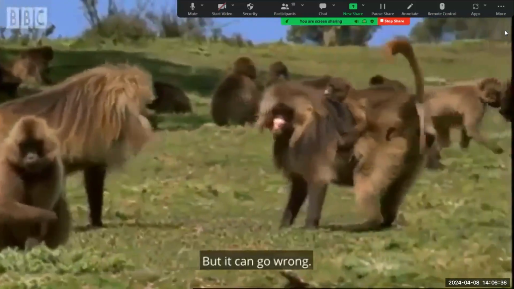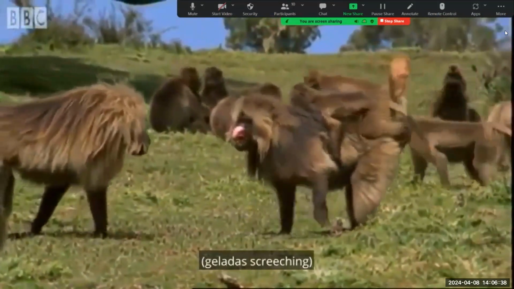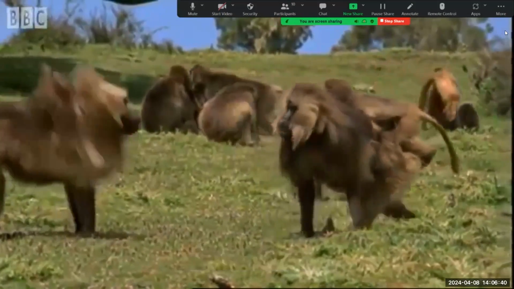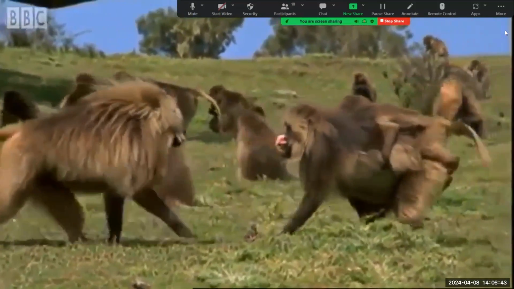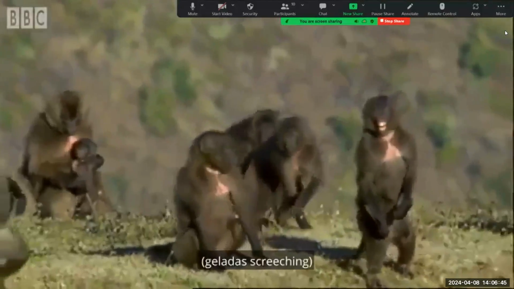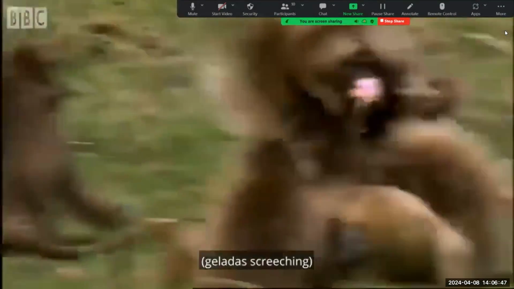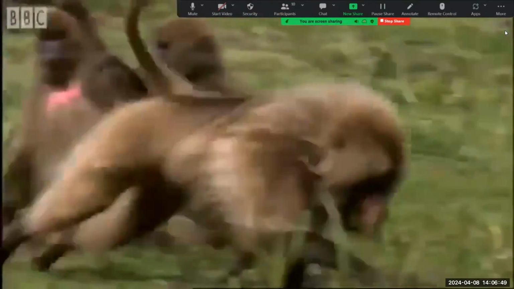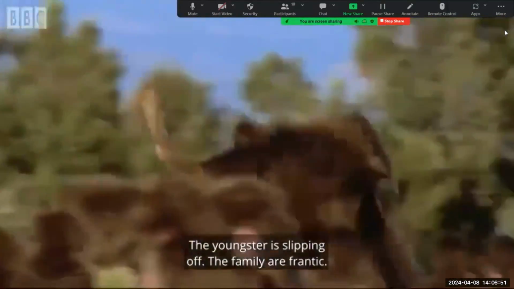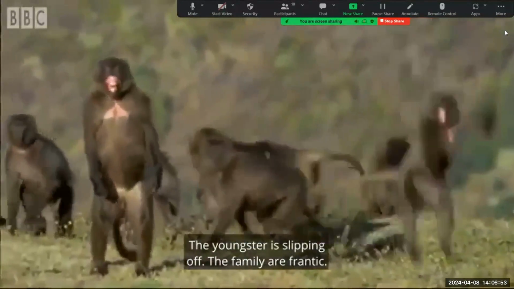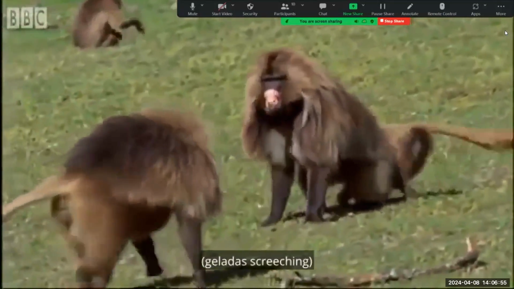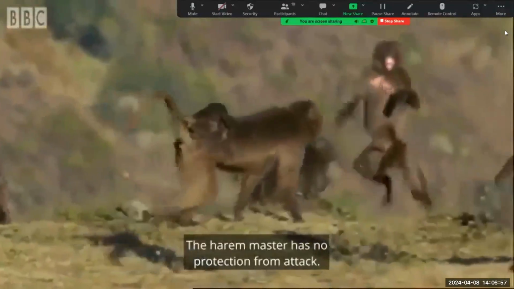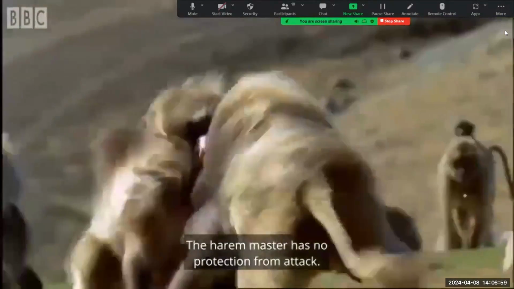But it can go wrong. The youngster is slipping off. The family are frantic. The harem master has no protection from attack.